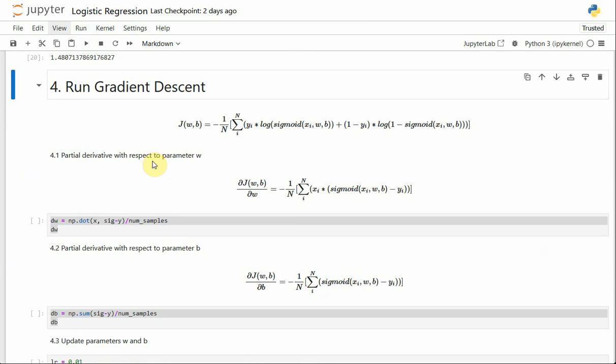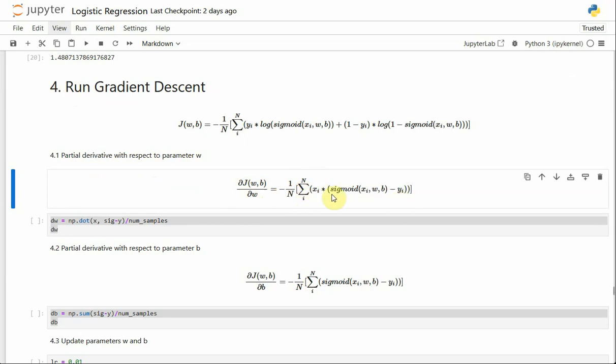Now, once we have decided on a loss or cost function, we should go ahead and run gradient descent. In order to do so, we will have to get a partial derivative with respect to parameter w. The partial derivative of the binary cross-entropy loss function with respect to parameter w equals a sum across all the data points.